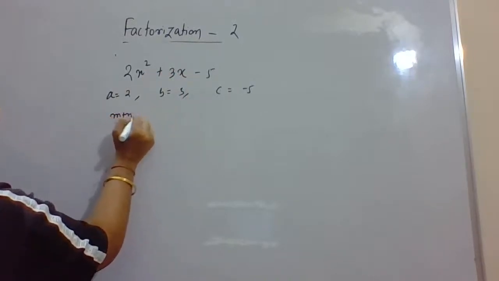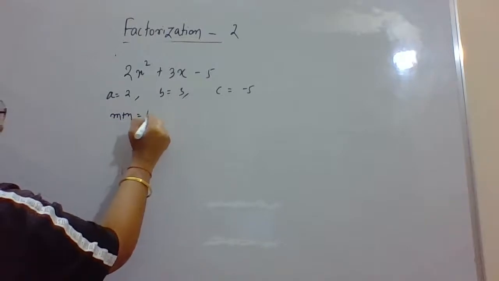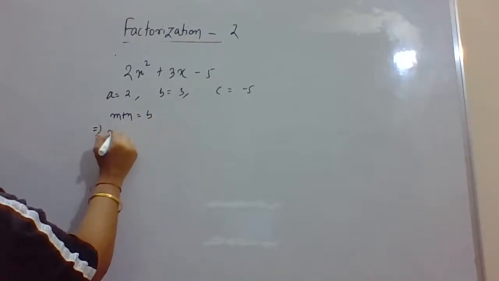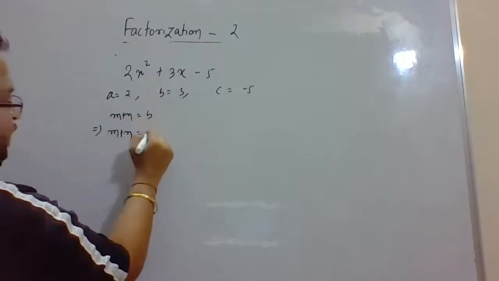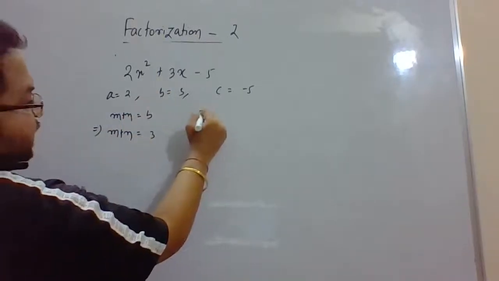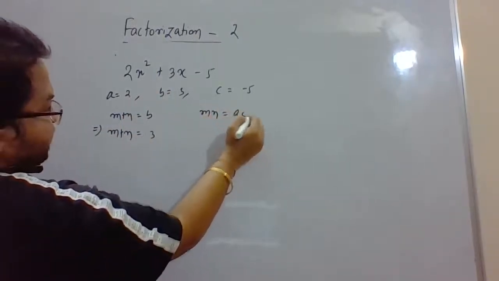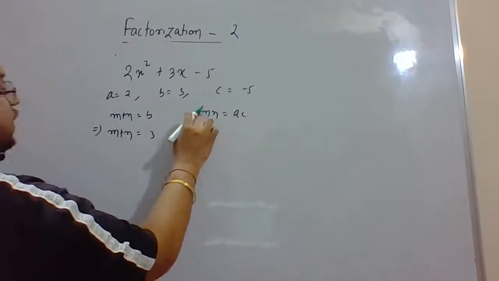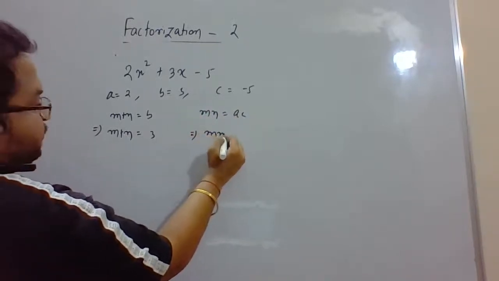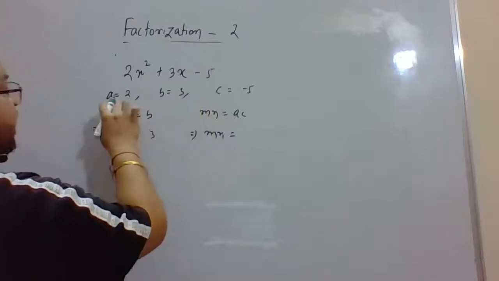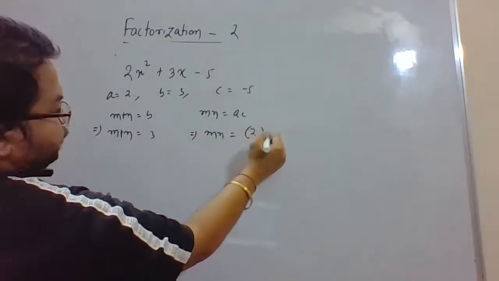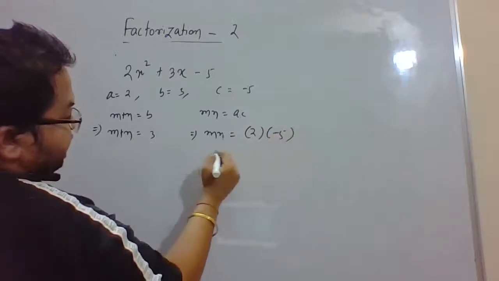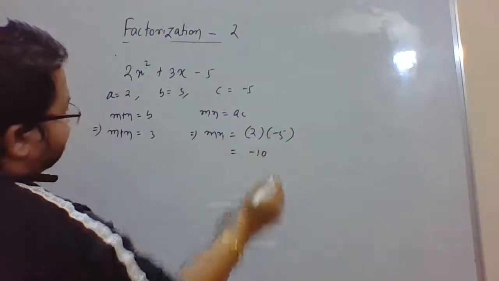So m plus n equals b, that is m plus n equals 3, and mn equals ac. So mn equals 2 into minus 5, that is nothing but minus 10.